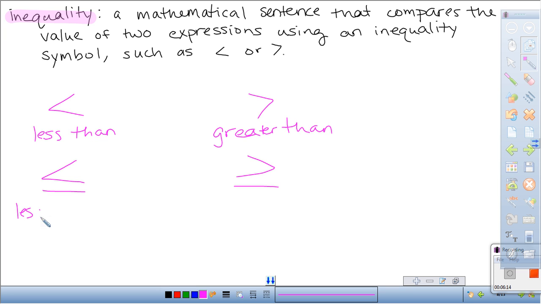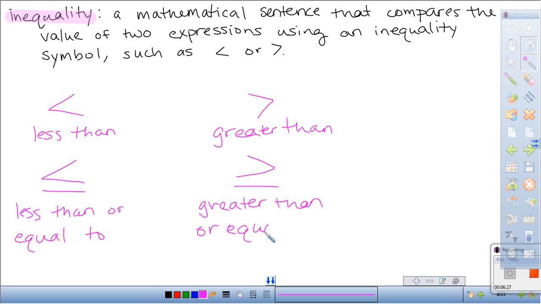This is less than or equal to. This is greater than or equal to. And then, of course, we have our equal sign. So as a quick example, we might say that 3/4 is greater than 1/2.